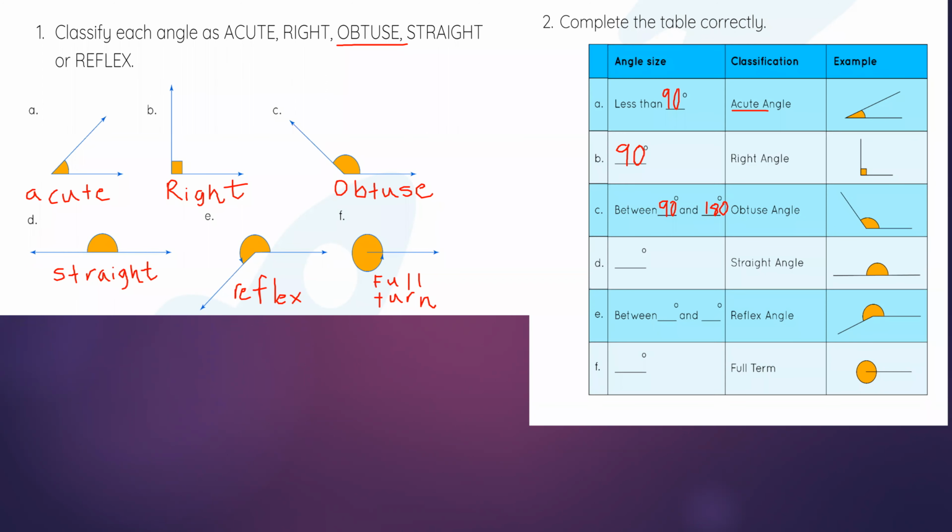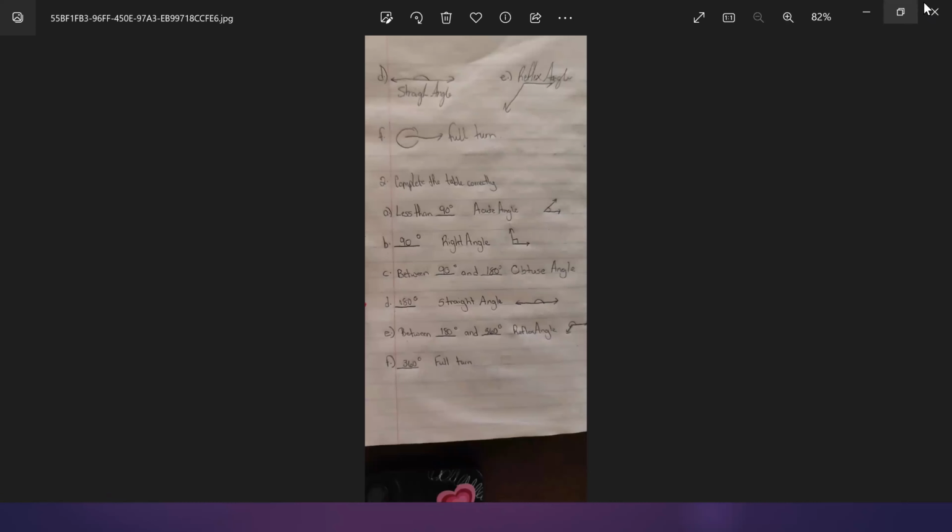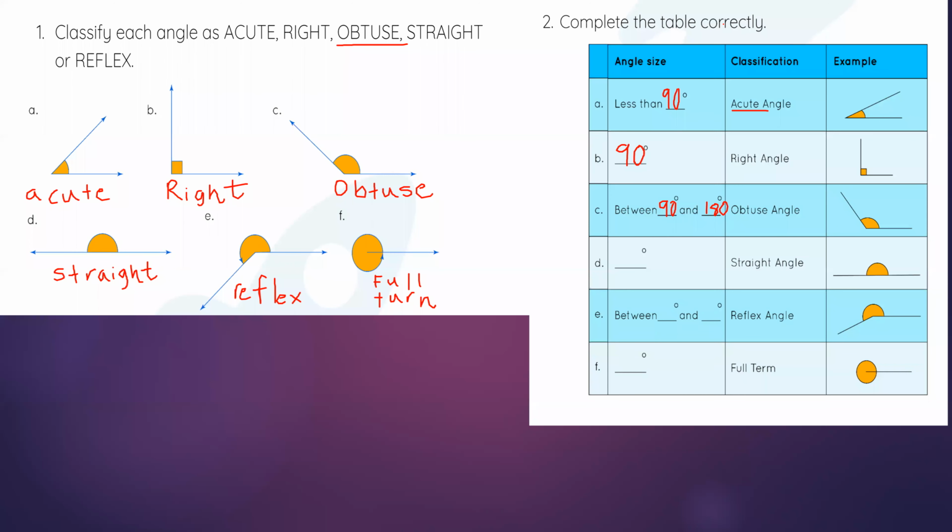Send it via WhatsApp, Darnik. Okay. Go ahead, Ebony. What do you have for number 2D? I get 180 degrees. That's correct. Straight angle is 180 degrees.